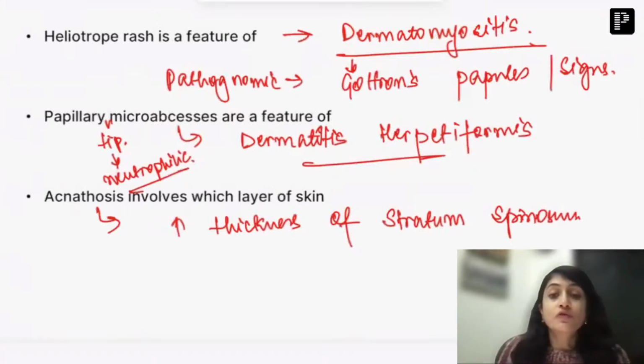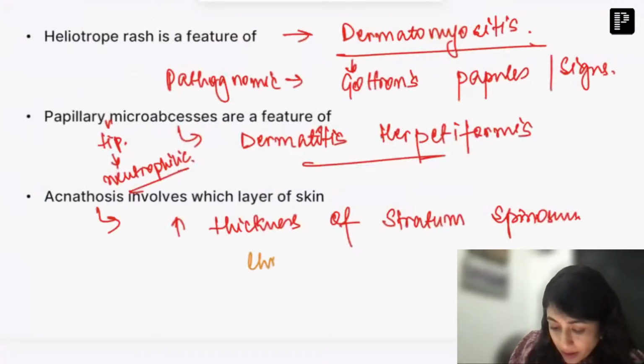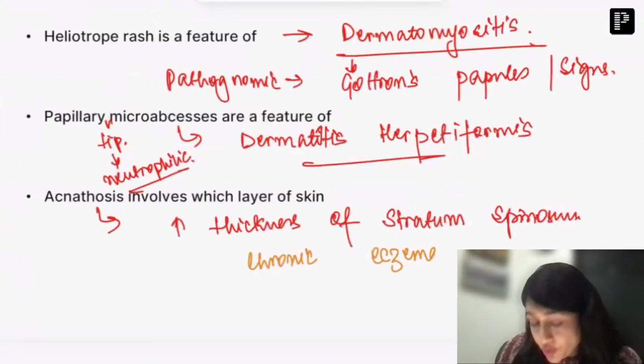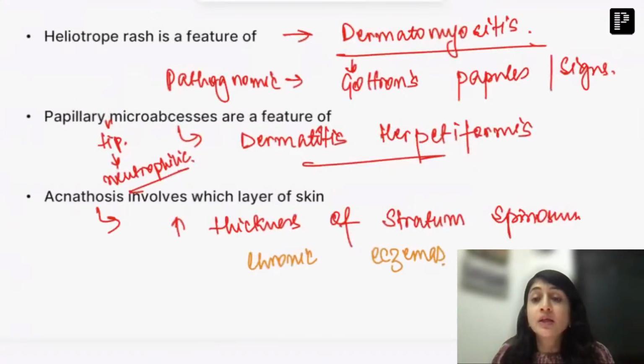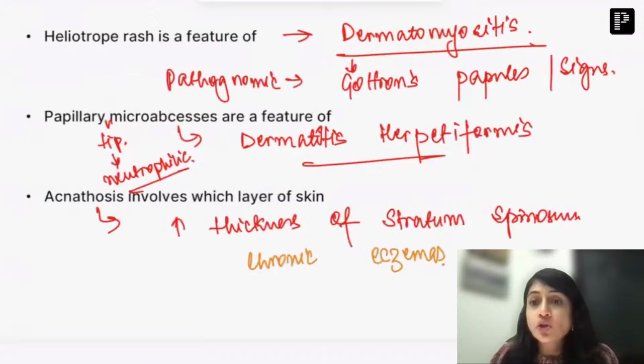Increased thickness of stratum spinosum is called acanthosis, and you see it in chronic eczemas. Now, don't confuse acanthosis with acantholysis. Acantholysis is something that you see in the pemphigus group of disorders where there is separation of keratinocytes. Acanthosis is increased thickness of stratum spinosum, which you see in chronic eczemas.